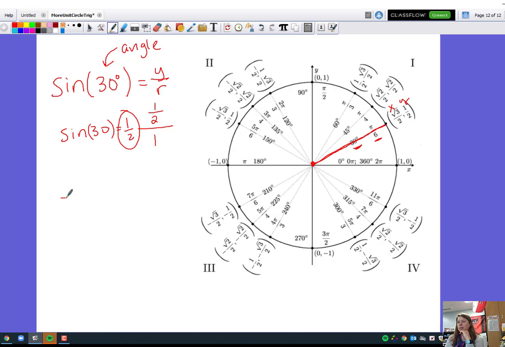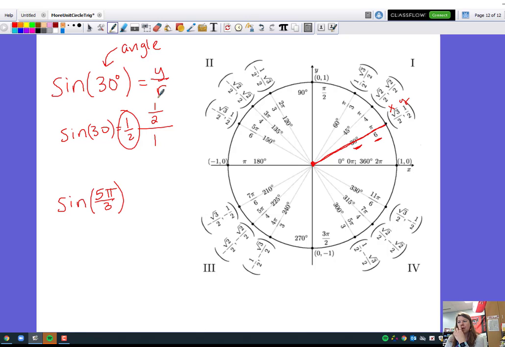Let's do another one. We'll do sine of 5 pi over 3. This is still an angle measure, just in radians. You're looking for the radian angle measure, and you're looking for the y value. Every time we divide y over r, my r is always going to be 1 when we're on the unit circle. It will change eventually, but for right now, the y is always divided by 1.